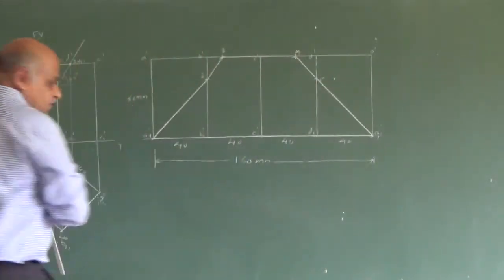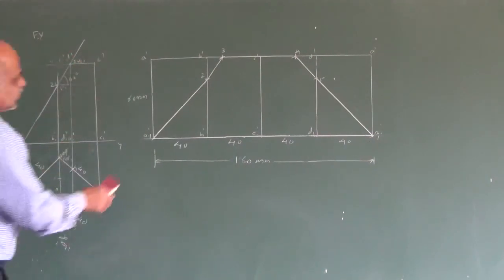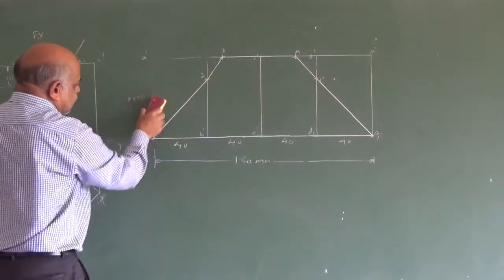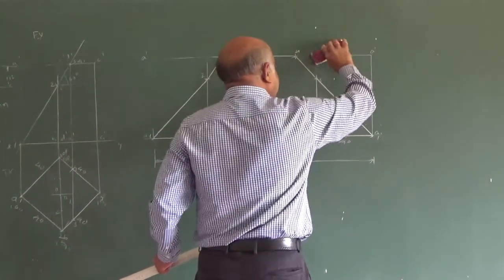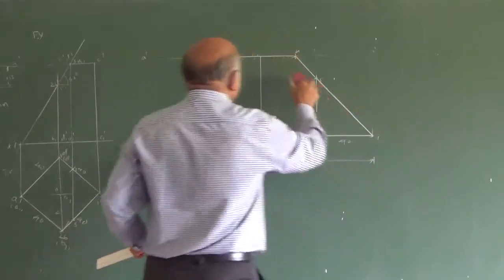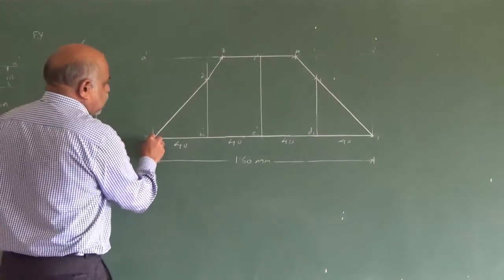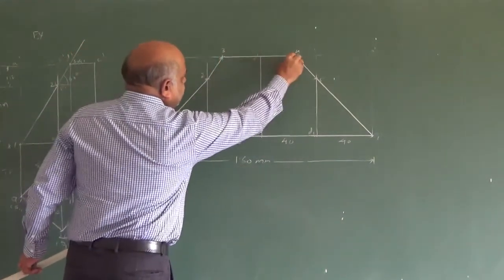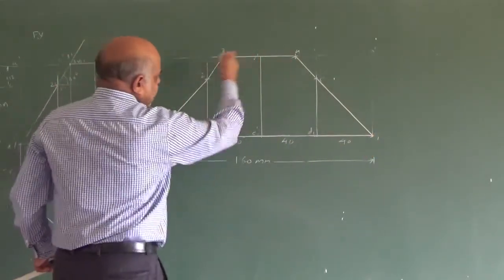What happens? If you have a cut section, this much portion is not visible, only this portion is visible. So that's why this portion is not visible. Only the lower portion of the prism is remaining. 1 to 2, 2 to 3, 3 to 4, 4 to 5, 5 to 1 and once again 1 to 1.